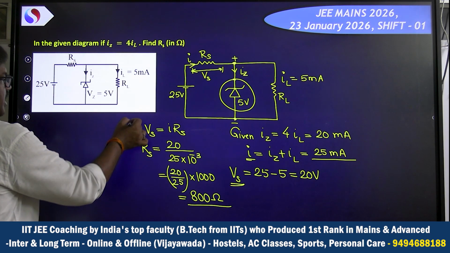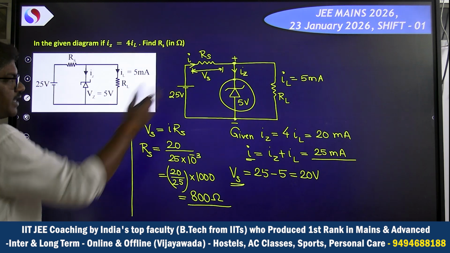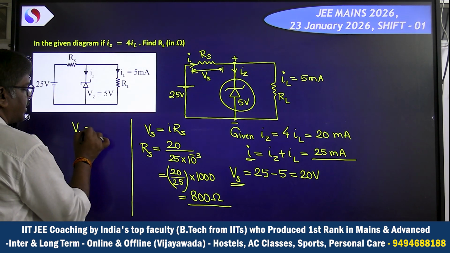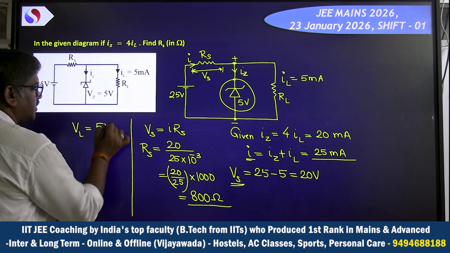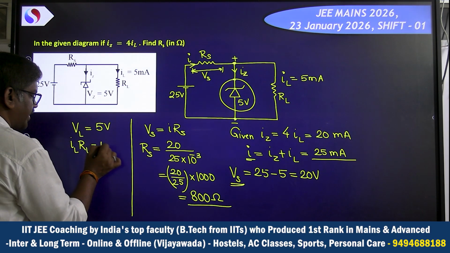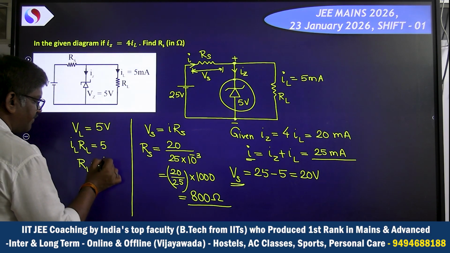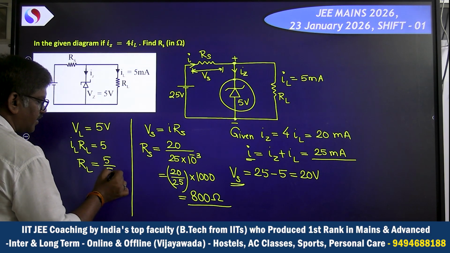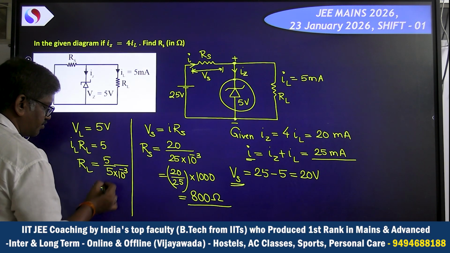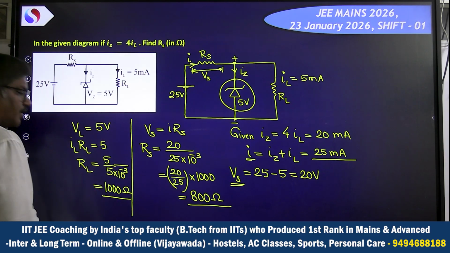Okay, they are asking RS. Suppose they are also asking RL in the question, then that also you can find out, because you know that the voltage across RL is VL, which is 5 volts. Now this is also IL into RL, which equals 5. So RL will be 5 upon 5 milliampere, so it is 10 to the power minus 3, which gives you 1000 ohm.